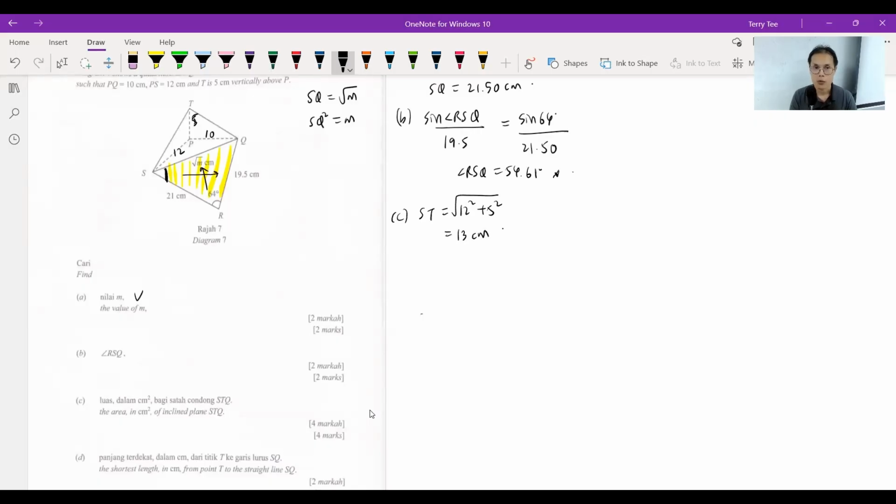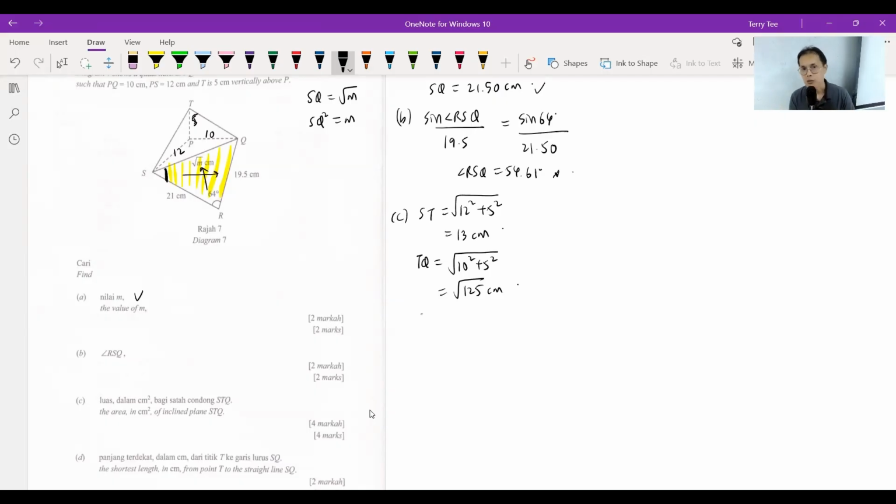As for TQ, we will just use Pythagoras again. The square root of 10 square plus 5 square is the square root of 125. I also know the length of SQ already, which is 21.50. I know the length of all three sides.